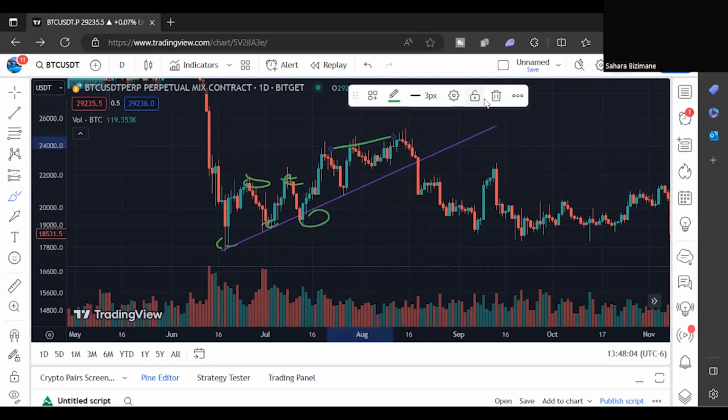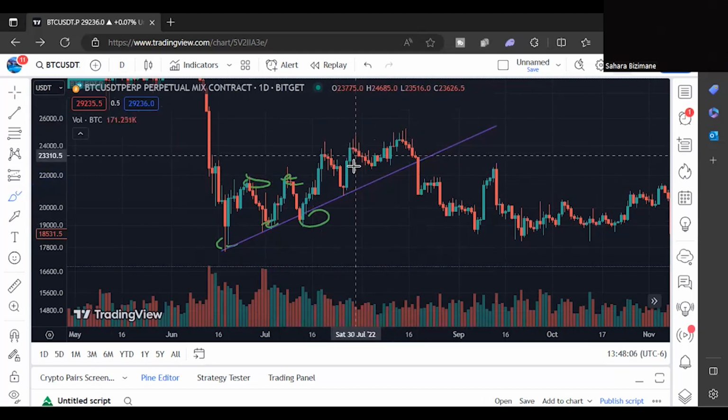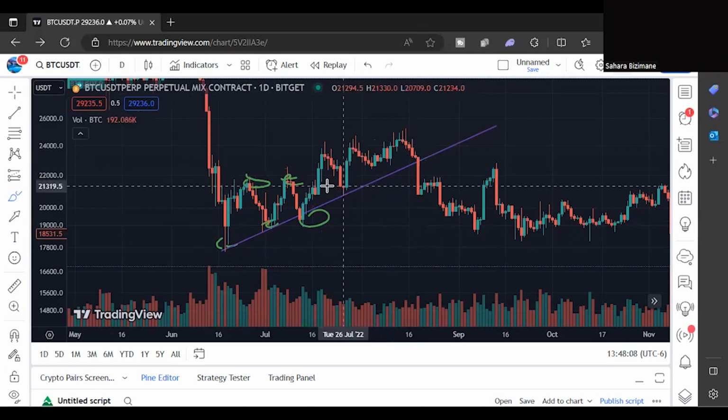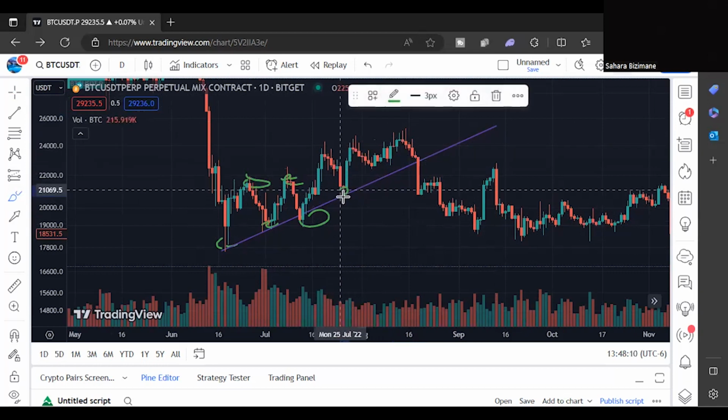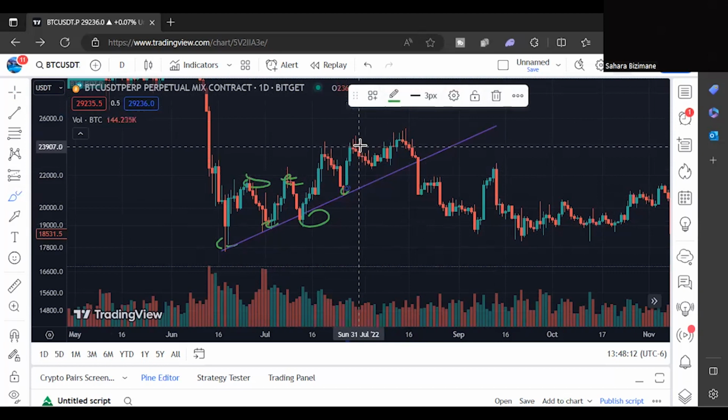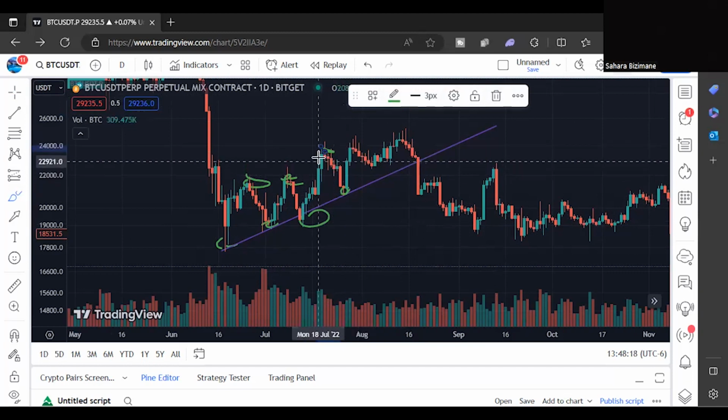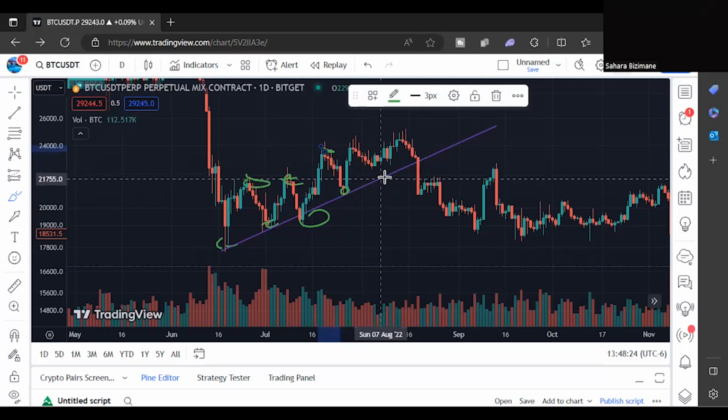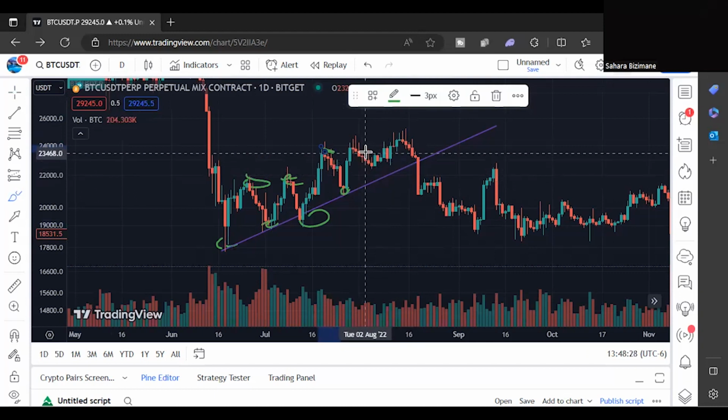Up until this point, the price actually failed to form a high. After this low, the price failed to form a high that was higher than this high, and because of this it created a double top. Then the price came back, but it didn't touch the trend line.